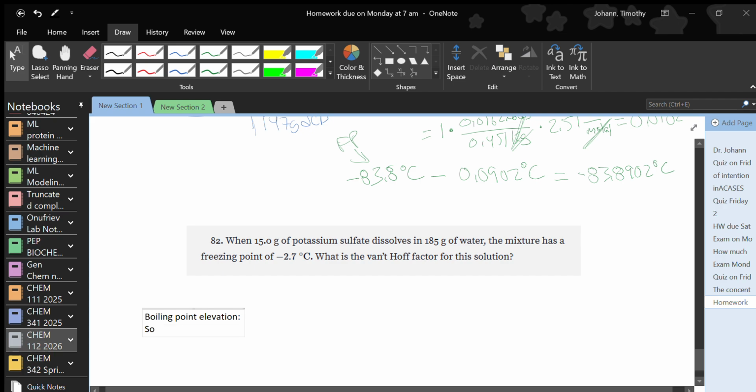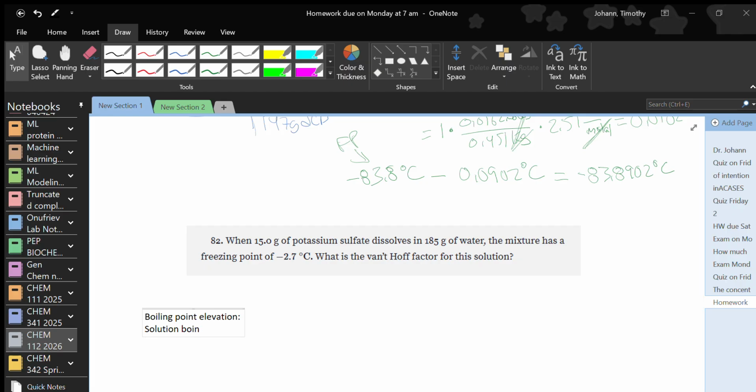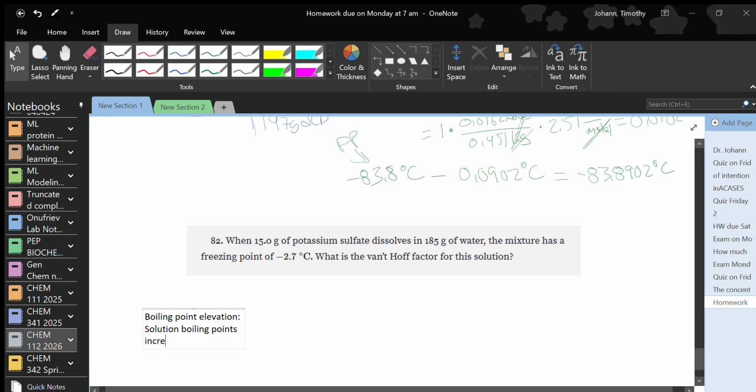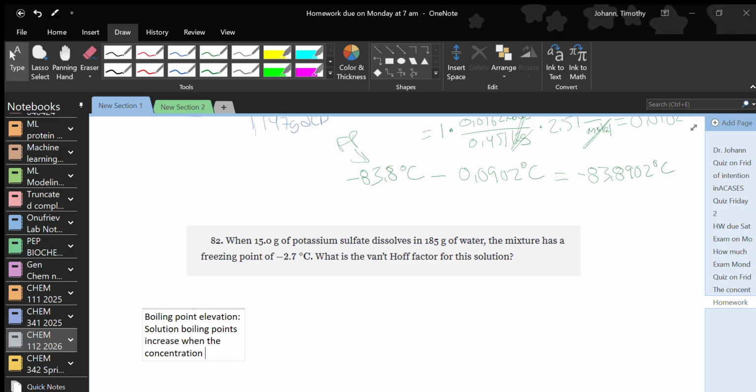So what this says is solution boiling points increase when the concentration of solutes increases. I'm going to actually not say solids, I'm going to say concentration of particles, right? Because it's all about particles.